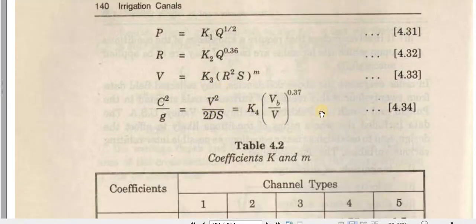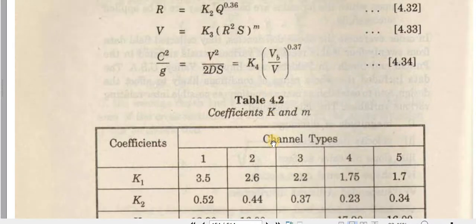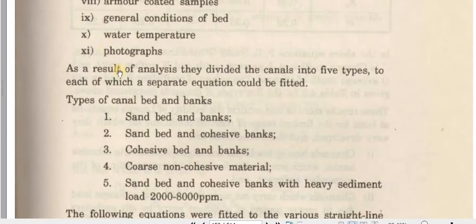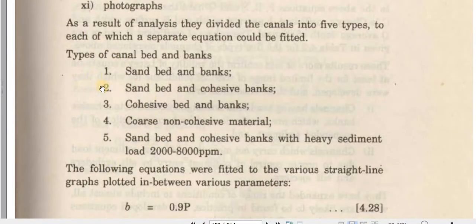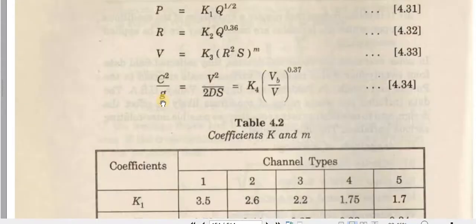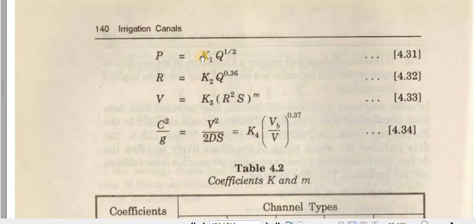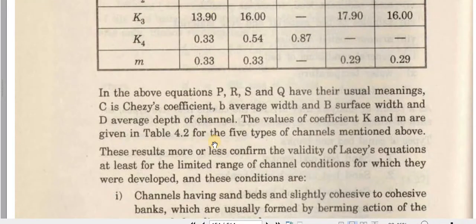They introduced these 3 equations and 4 equations, and here we have channel types 1, 2, 3, 4 and 5. They introduced the values of coefficients K1, K2, K3, K4 and M, which can be used here: K1 for P, K2 for R, K3 for velocity, and K4 for C and slope.